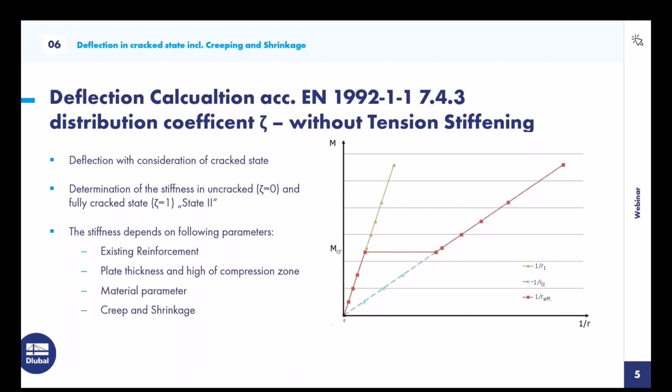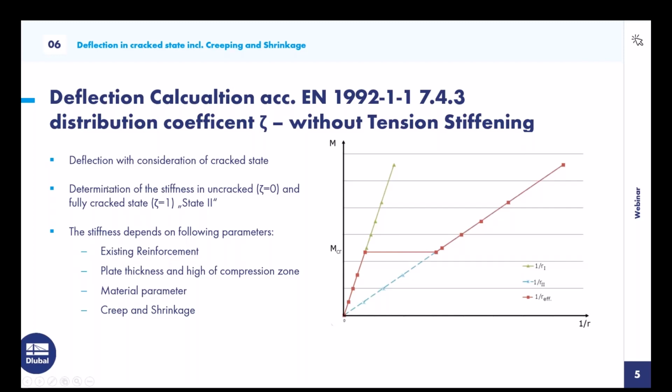This is the deflection calculation according to Eurocode, chapter 7.4.3, and this is based on a distribution coefficient theta. And here it's explained how the calculation would work without tension stiffening. This would mean the deflection is based on the consideration of a cracked state.